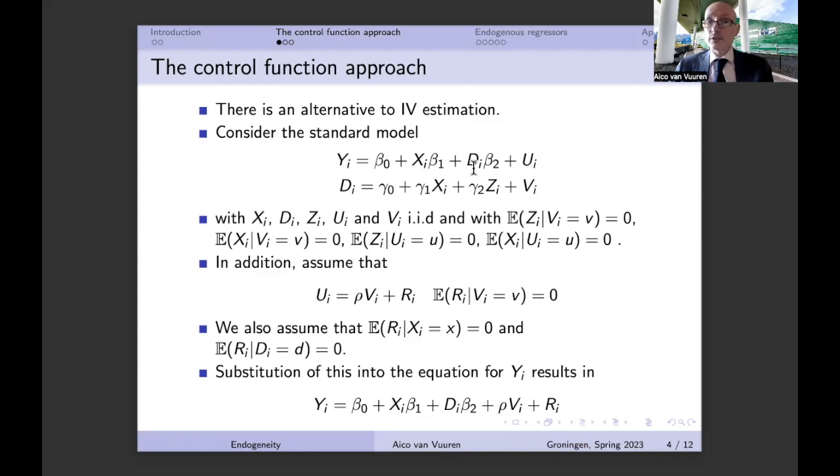Even though that works, and you can show that it works, it's pretty hard to understand. Why would you want to run a different regression than the regression that you actually have?